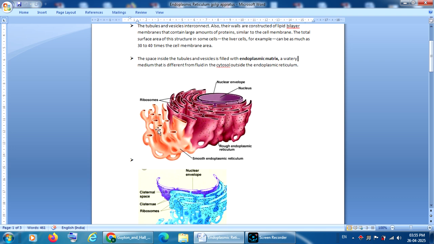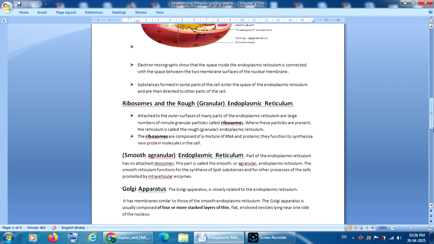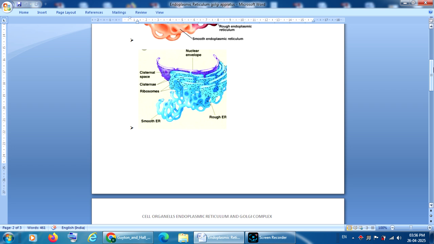Whereas the smooth or agranular endoplasmic reticulum doesn't have these ribosomes, and its main function is the production of lipids, and also some intrareticular enzymes. That is about the main functions and parts of the endoplasmic reticulum.